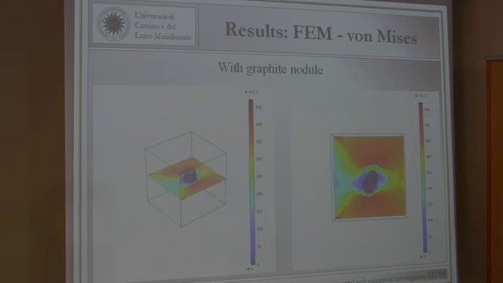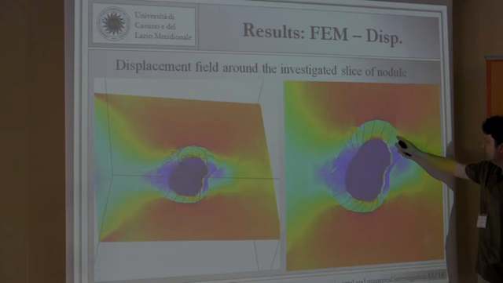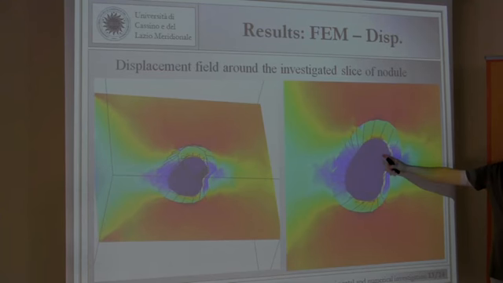Another kind of result is the presence of damage. At the same condition, we can see the presence of a sort of debonding, but not at the graphite matrix boundary; it is inside the nodules.